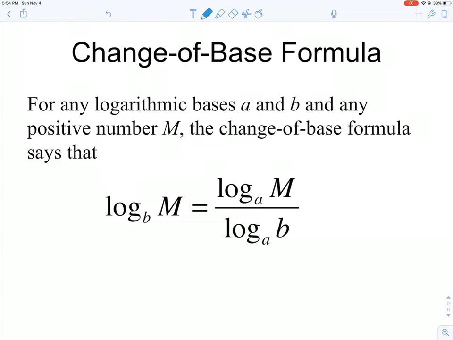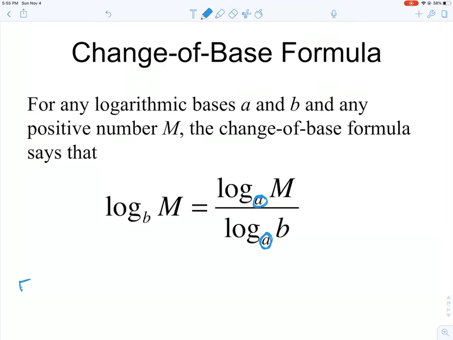But basically what change of base formula says is that the log base b of m is equal to the log base anything. Okay, these bases need to match, but they can be any real number that a base is allowed to be, so basically between 0 and 1 or greater than 1. They just need to match, but they can be any number. So the log base a of m over the log base a of b.